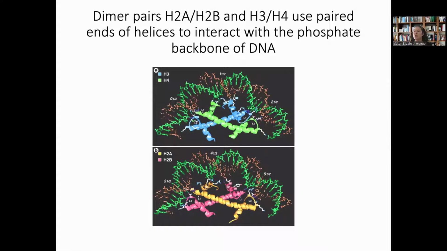That allows them to bind many different DNA sequences. They have very little preference for sequence, and they don't have to unwind the DNA. So that configuration works well for wrapping DNA around the histones.